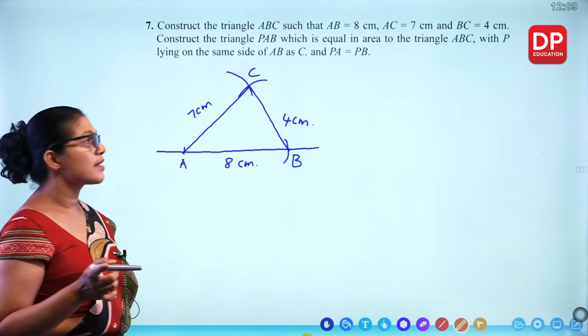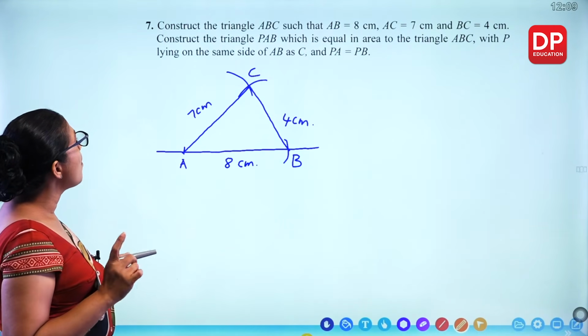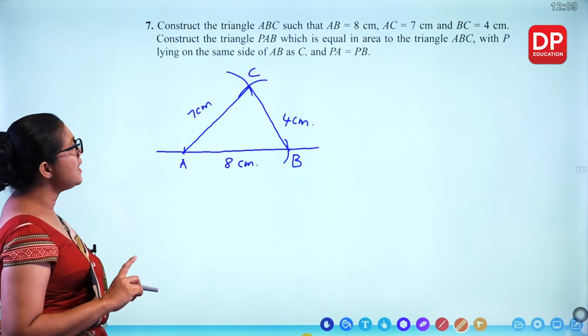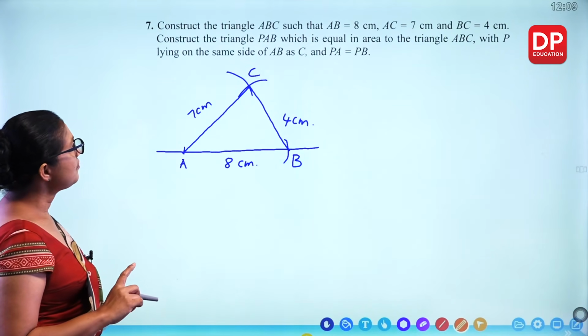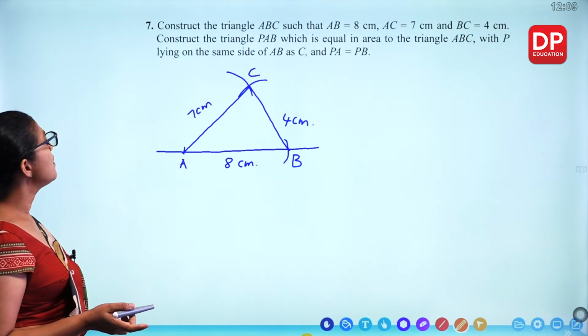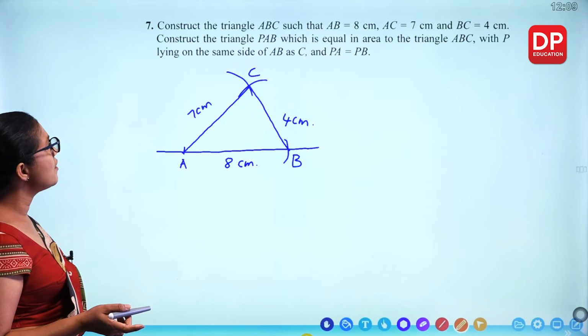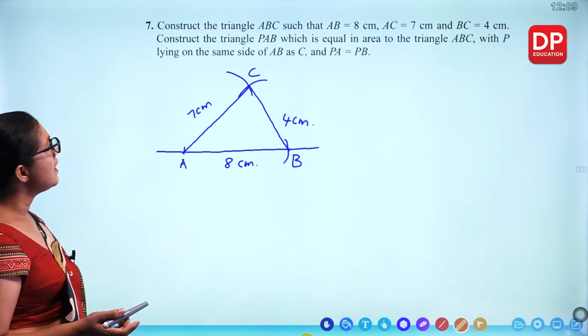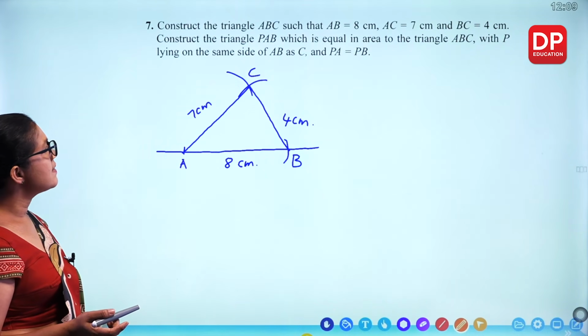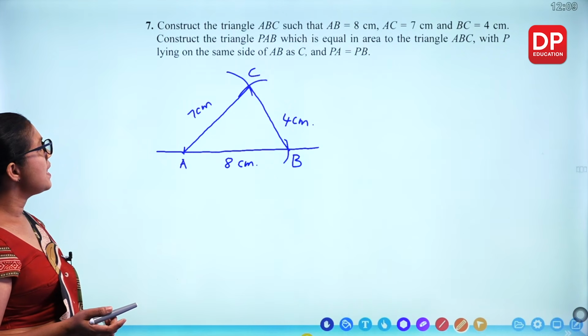That's how we construct the triangle with the compass and the ruler. Then construct the triangle PAB, which is equal in area to the triangle ABC, with P lying on the same side of AB as C. PA is equal to PB.